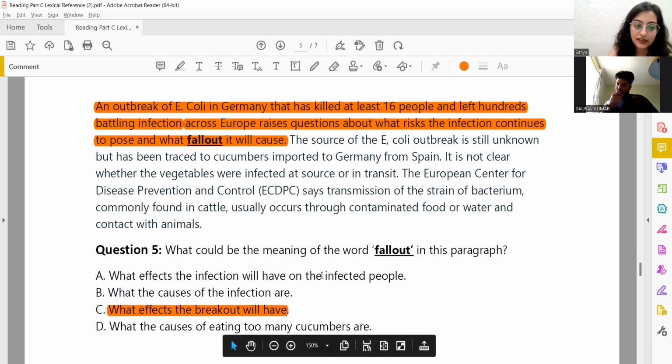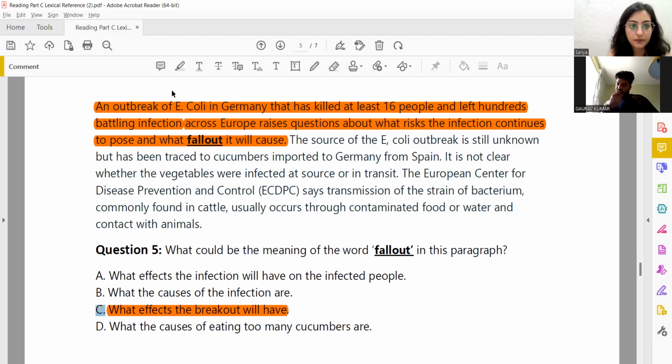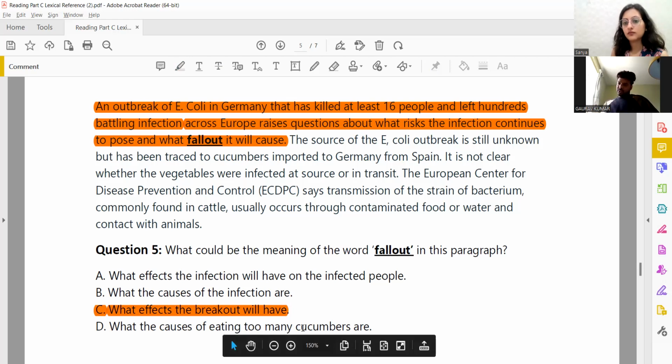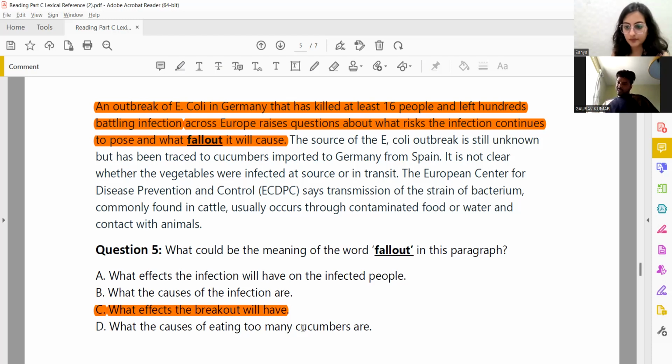You've selected correctly now. It's not only about the 16 people already infected; they're talking about Europe, Germany, so it's the breakout, the fear of a breakout.